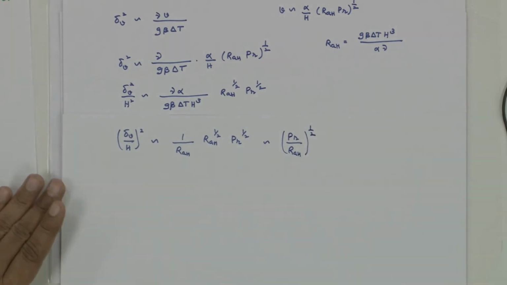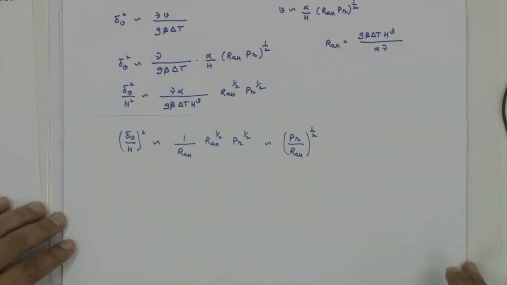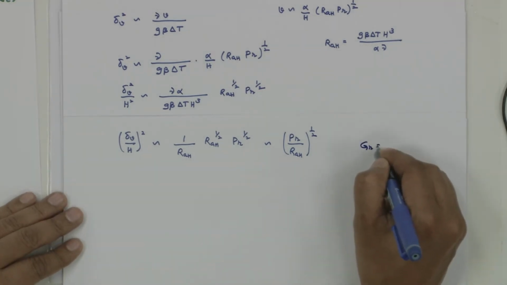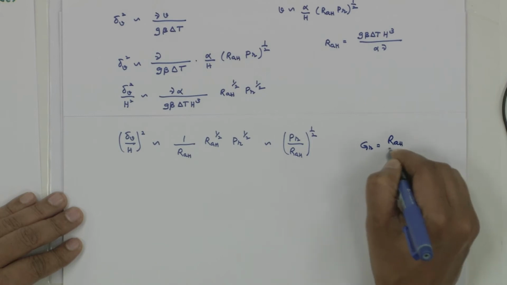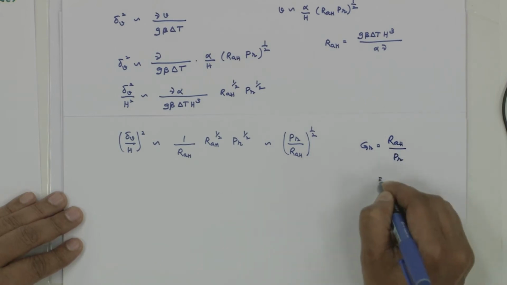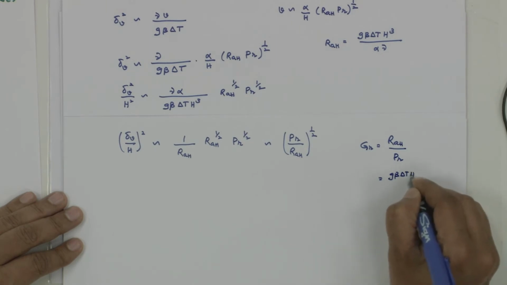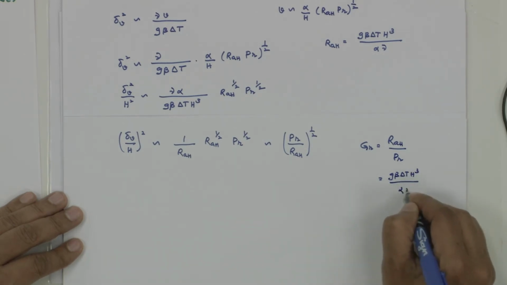I need to introduce one number called the Grashof number now. So far I had not introduced it. That is, Grashof number equals Rayleigh number upon Prandtl number. What is Rayleigh number? g beta delta T H cube upon alpha nu.